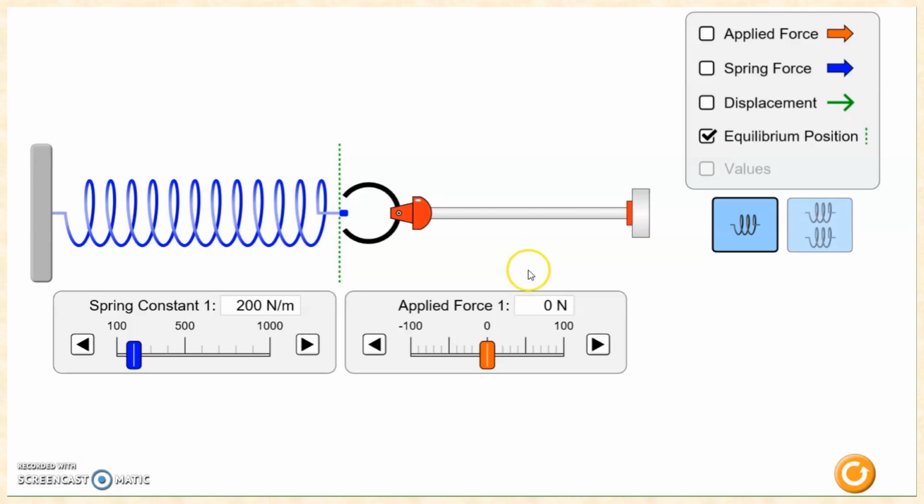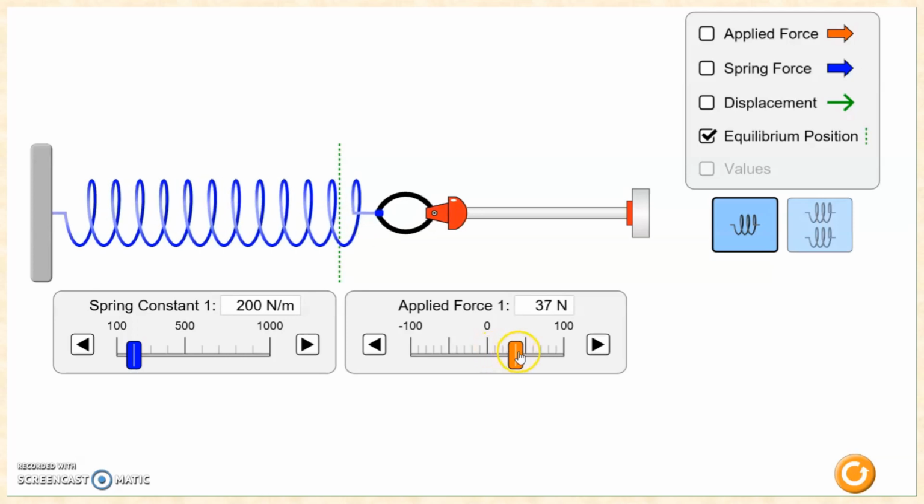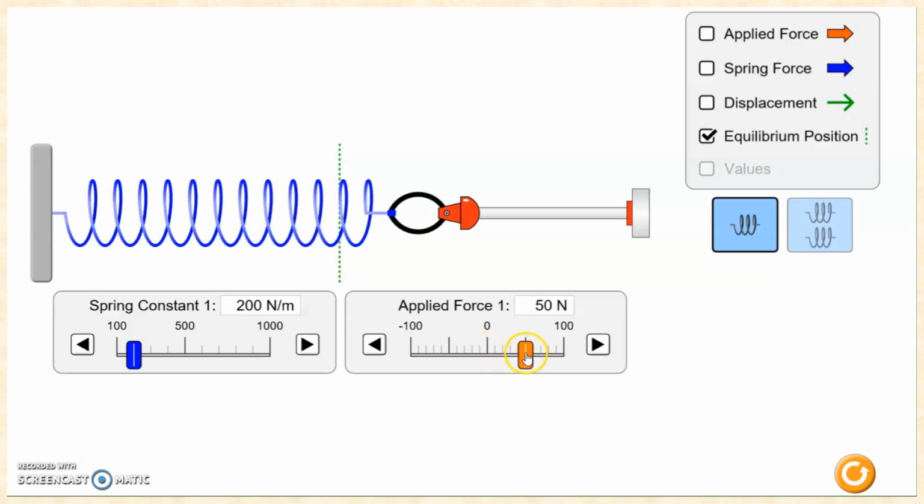In the first case, I'm going to exert a force on the spring that has a positive value and is going to displace the spring to the right. Let's suppose I apply a force of 50 newtons. I'm going to check this applied force here in the values box. So this piston applies a force on the spring to the right having a value of 50 newtons.